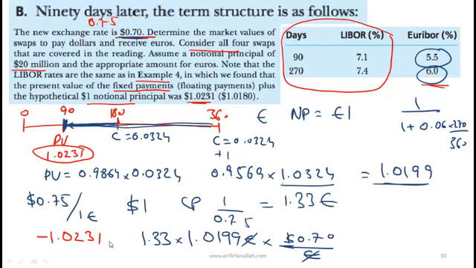So minus 1.0231, which is in dollars, plus the present value of your euro payments that have been converted into dollars at the current exchange rate of 0.7. You do this and you get an answer of 0.0712.